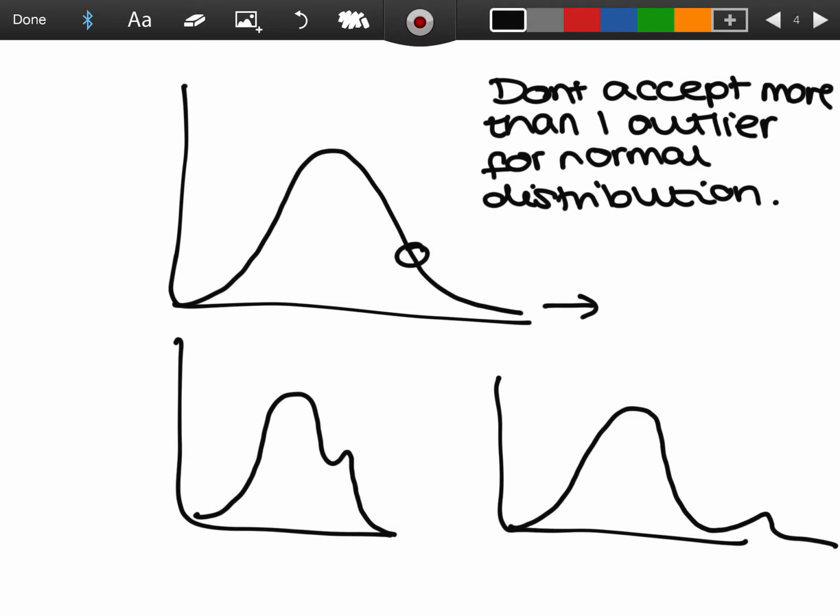Okay, so as I said, we will allow 1 outlier, but any more than 1 we do not like because it's going to throw off our normal probability plot or our normal distribution bell-shaped curve if you go ahead and do a histogram.